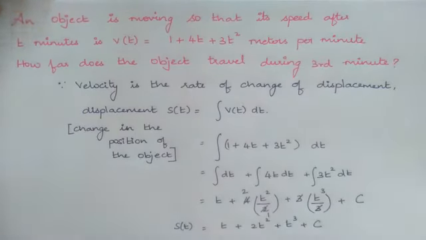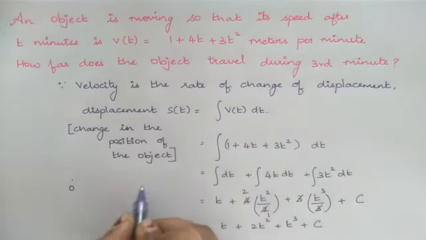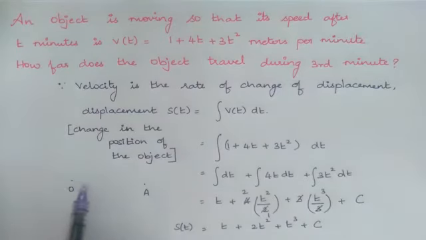From the initial position to the final position, the object has traveled so much distance. I repeat once again: if this is the initial point and this is the final point, from this position to this position, the object has traveled this much distance at time t. This is nothing but the displacement.